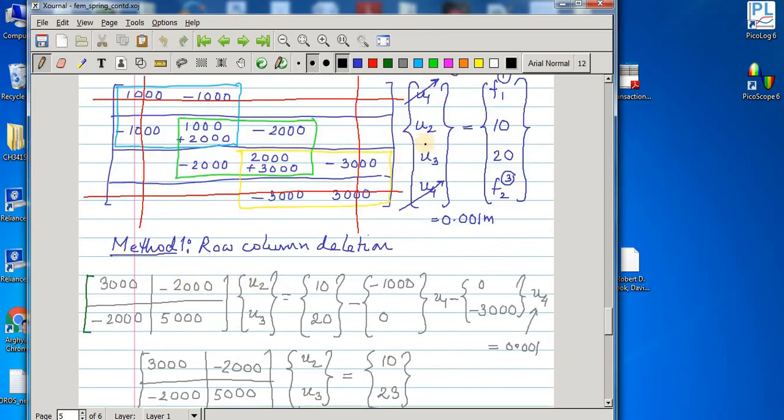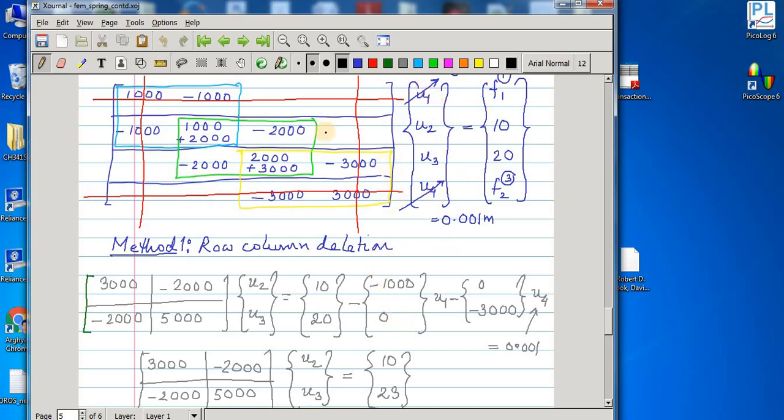So this into u2 u3 equal to 10 20, but there will be a modification in the right hand side because this u4 is non-zero. So in this equation this minus 3000 will get multiplied with this u4.